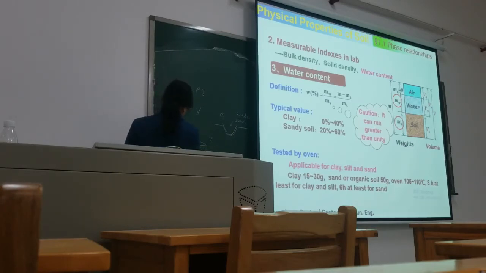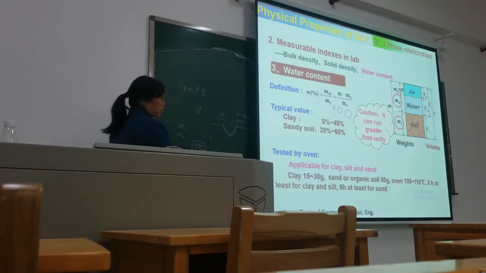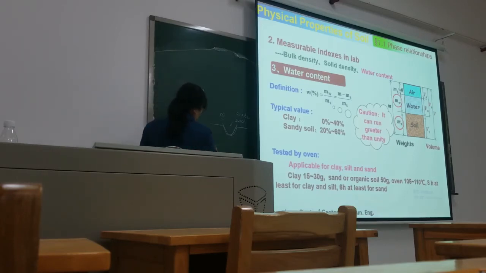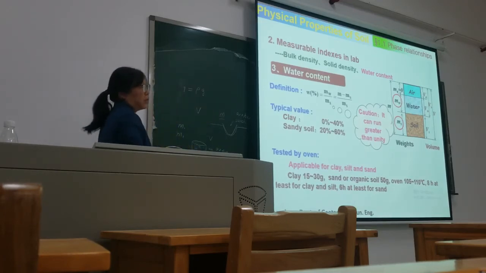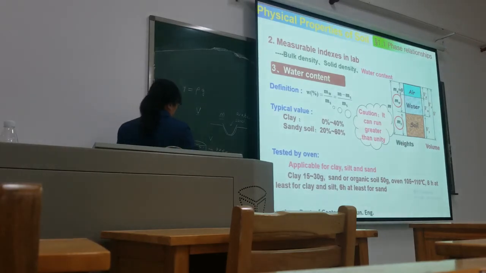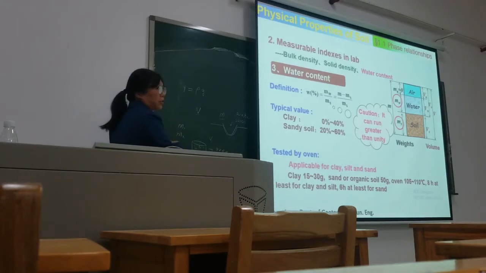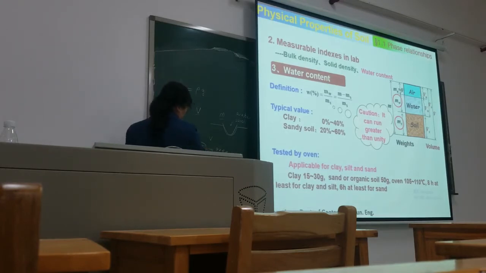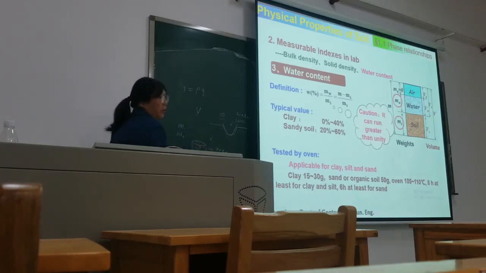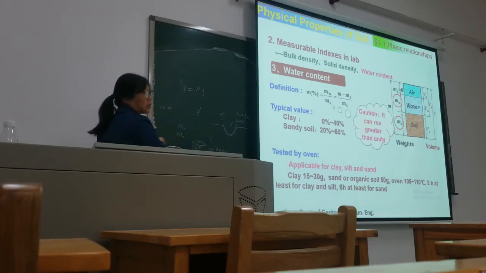The mass of the box with soil sample, we call mass 2. Then we put it in the oven for some time. And then we take it out and measure the mass 3, okay? And the water content, how to calculate.